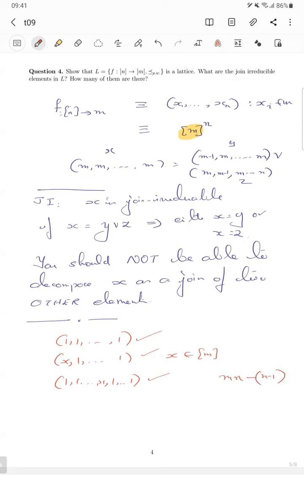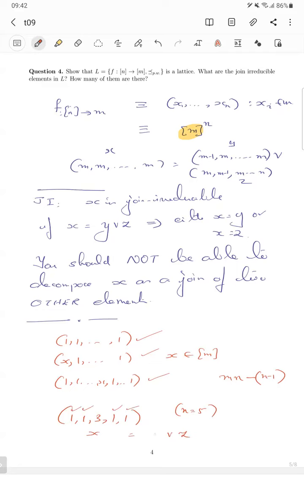Okay. So are you all convinced that these are all joint irreducible? Even if you have something like 1, 1, 3, 1, 1. Let's take n equal to 5. This you cannot write as a join of two other elements. Because say this is equal to x and I want to write it as a join of y and z, then both y as well as z should have 1, 1, 1, 1 in the other locations.